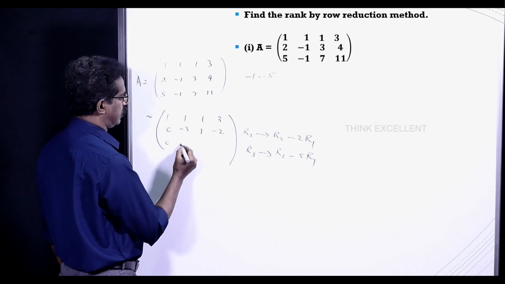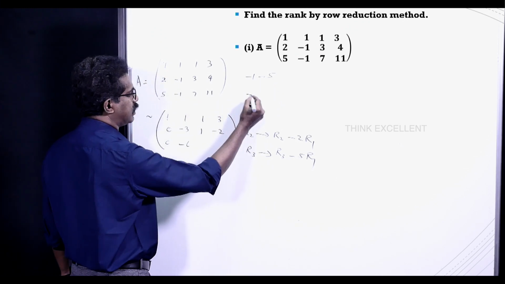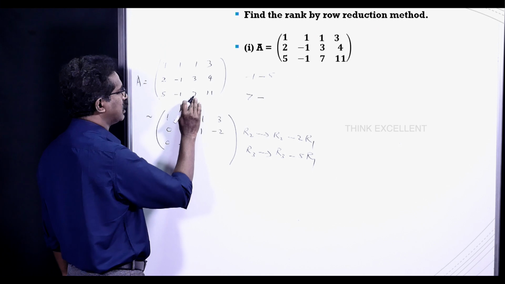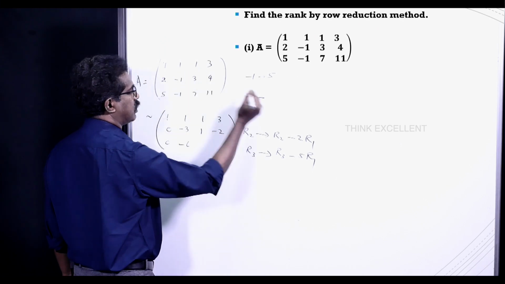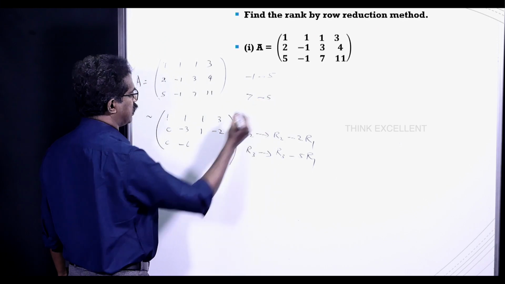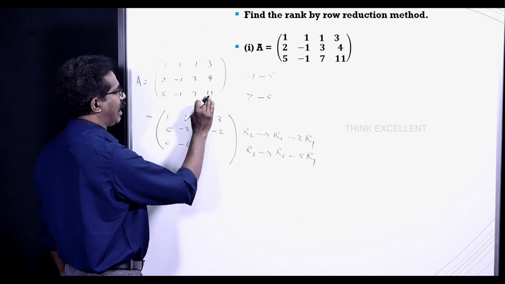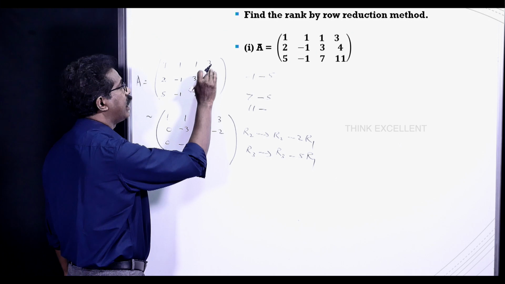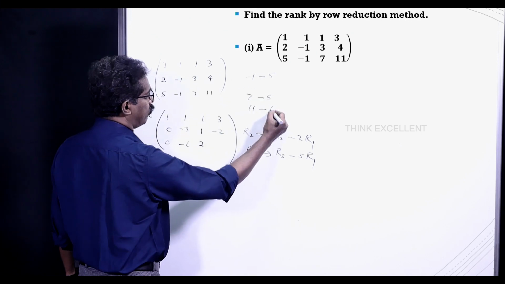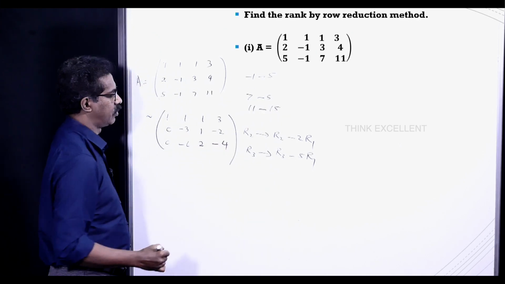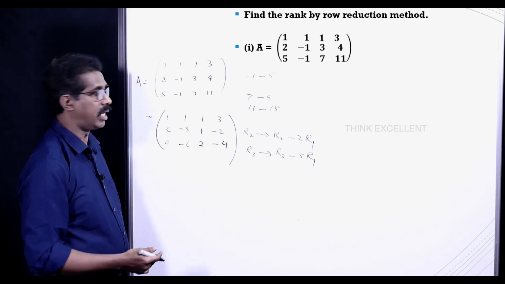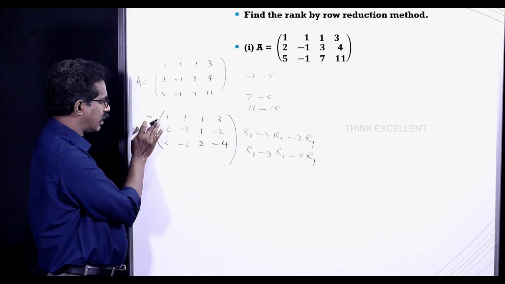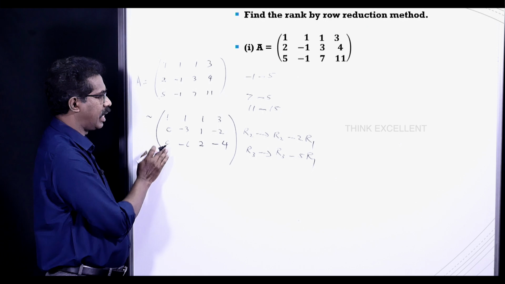So minus 6. 7 minus 5 times 1, 5 ones are 5. So 7 minus 5, it is 2. 11 minus 5 times 3, 5 threes are 15. So you are getting minus 4. Okay. So like this you can reduce it. The first step, first row, first element 1, below that 0.